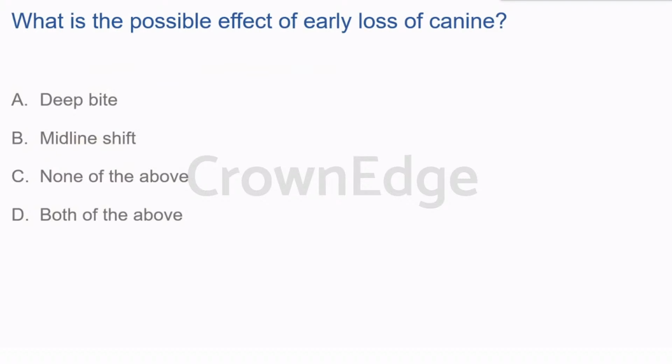Few of you are answering what the possible effects are. Good going. So in that way, it can cause deep bite, distal tipping of the laterals also. It can cause midline shift, and it can cause a lingual tipping of all the teeth as well. All right. So the right option to this question would be both of the above. That is option D.